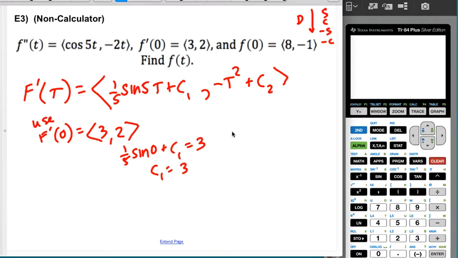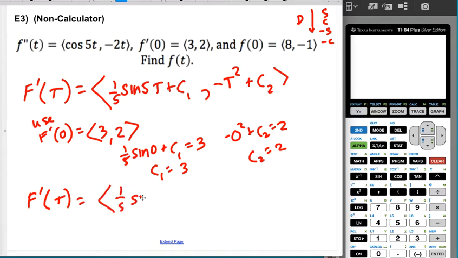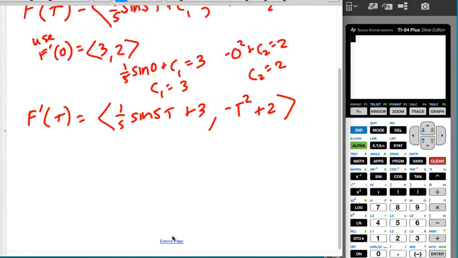And if I plug in here, I would get negative 0 squared plus c sub 2 is a 2, so c sub 2 is just 2. So now I have f prime of t as 1/5 sine of 5t plus 3, and negative t squared plus 2.